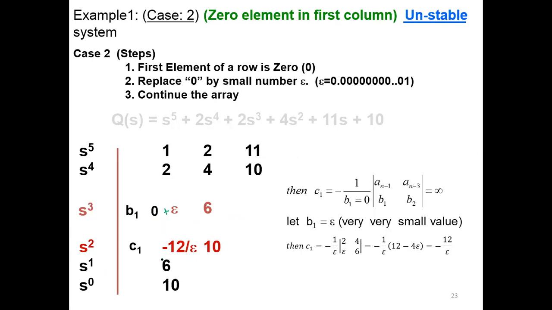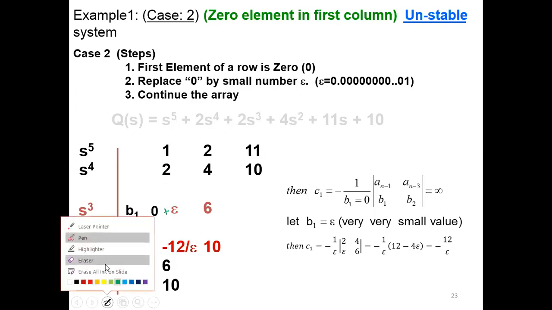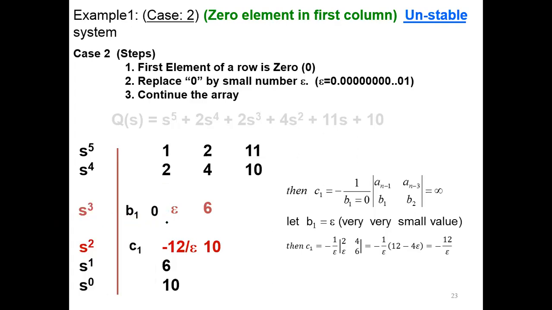Looking at this first column of this Routh table, we came to know that there are two sign changes. Now let's take the value of epsilon negative. Here we get the positive value. Again, from positive to negative and negative to positive, we have two sign changes.